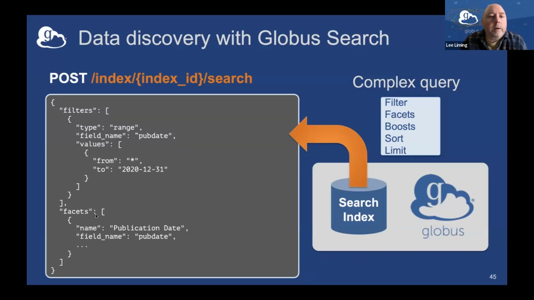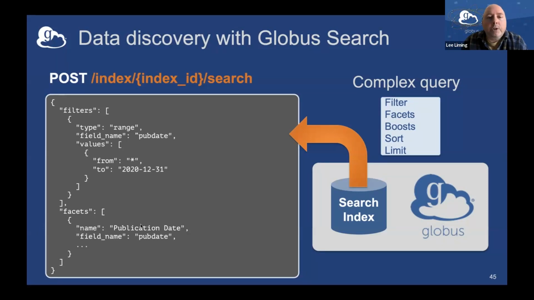And then you also specify not only, give me all the entries that match these filters, but also tally up for me the values of these particular fields from all the entries that matched, and tell me how many entries matched each one of these particular things.